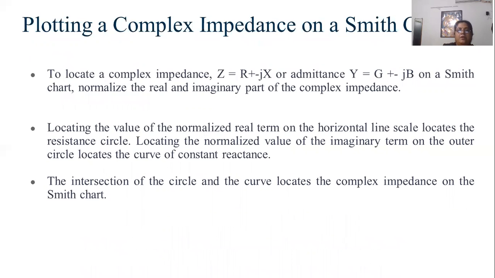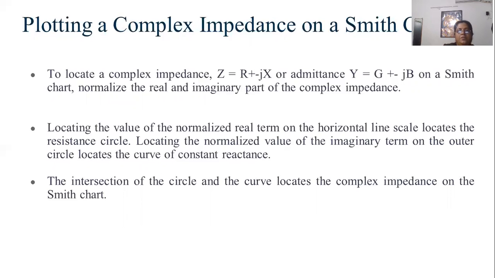Now, plotting a complex impedance on a Smith chart. To locate a complex impedance, Z equals R plus or minus jX, or admittance Y equals G plus or minus jB, on a Smith chart, we normalize the real and imaginary parts of the complex impedance.